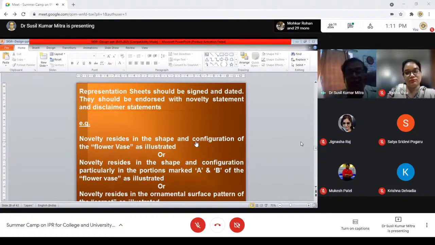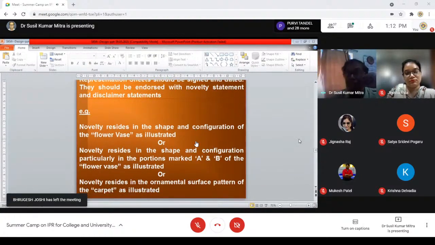Then the novelty definition will be: novelty resides in shape and configuration, particularly in the portion marked A and B of the flower vase as illustrated. Or, if it is not in shape and configuration, only surface pattern like carpet, then you have to mention that the novelty resides in surface pattern of the carpet as illustrated.